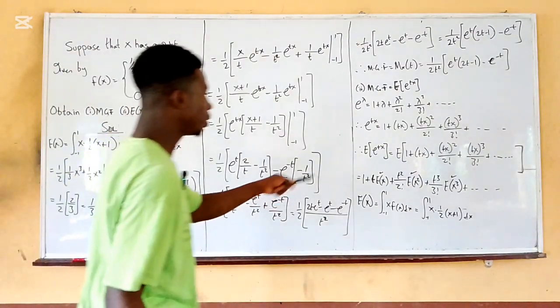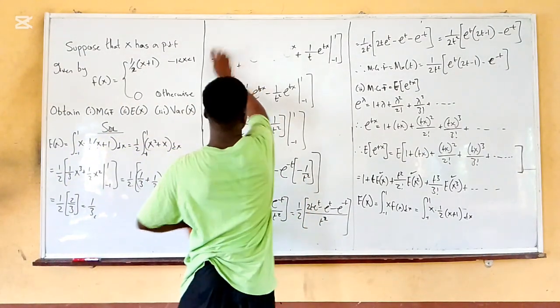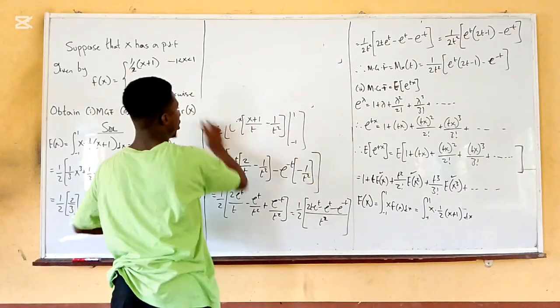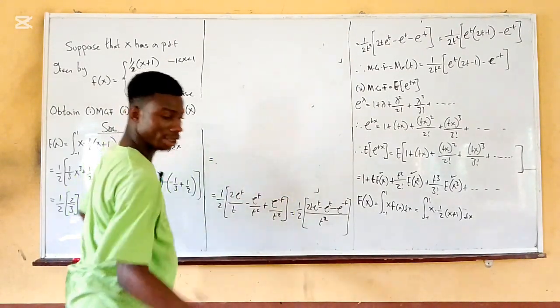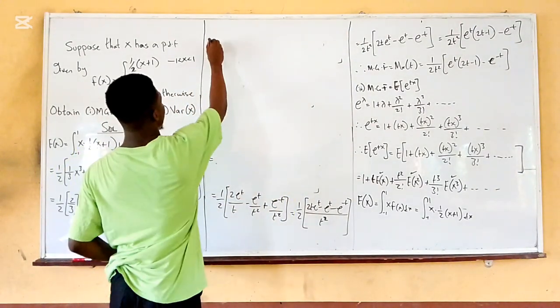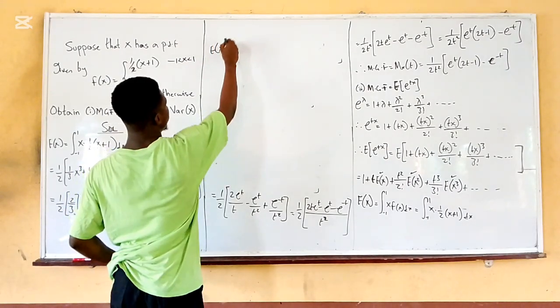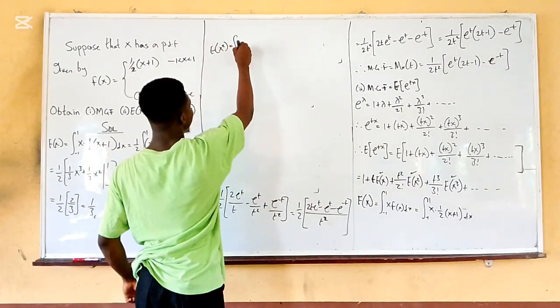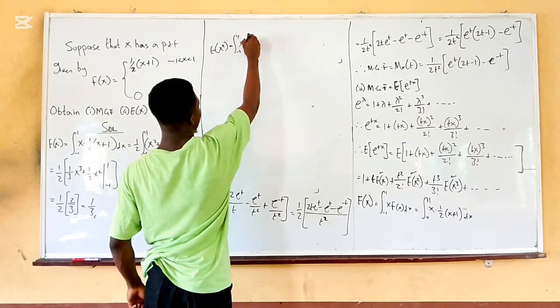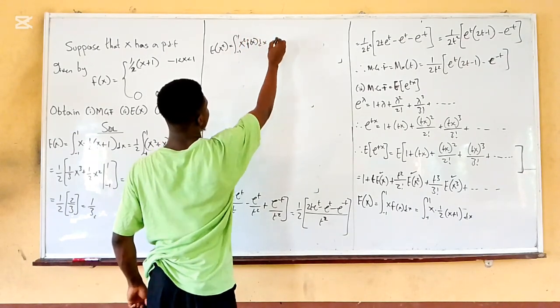So I'm going to do expectation of X squared. Expectation of X squared will be the integral from -1 to 1 of x² f(x) dx.